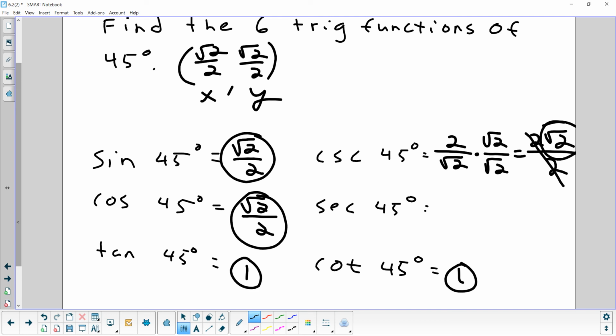How about the secant? What's that going to be? Jake? Square root of 2. It's the same as the one above it. Since sine and cosine were the same, secant and cosecant are the same. Okay. Any questions on finding the 6 trig functions of a 45-degree angle?